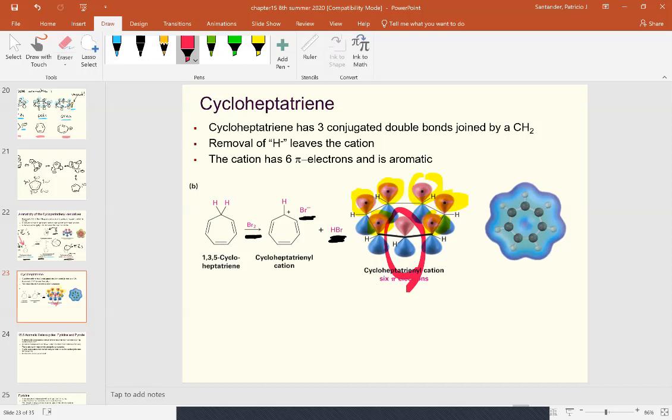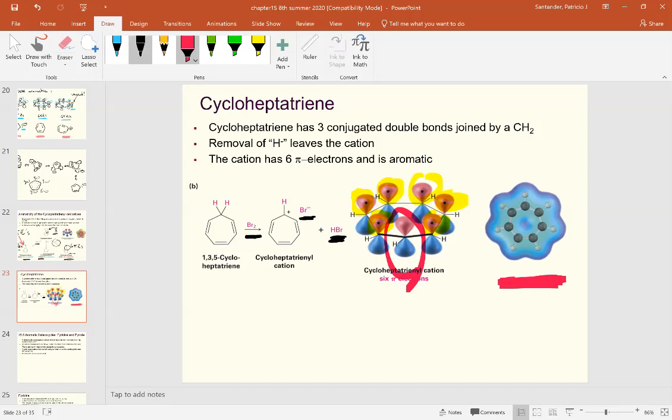So there is no dot in that one. So that is the reason why you will have the cation. And then when you have the representation of the electrostatic potential map, you can see that all the carbon atoms have roughly the same electron density. So that's why it looks so homogeneous.